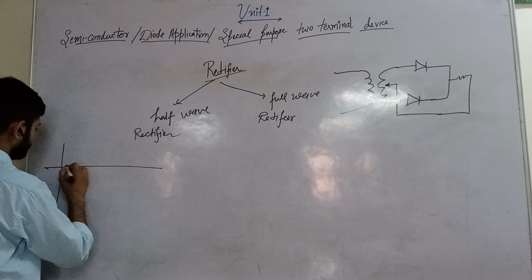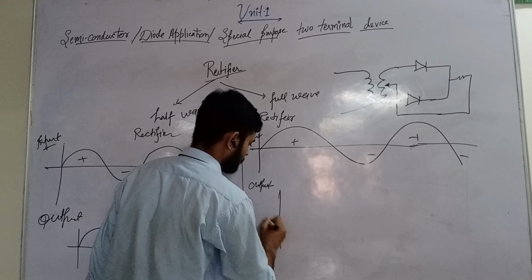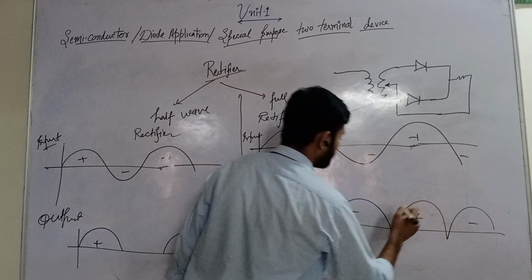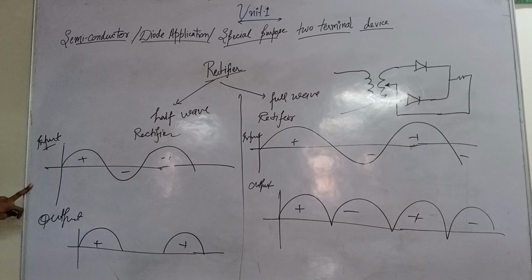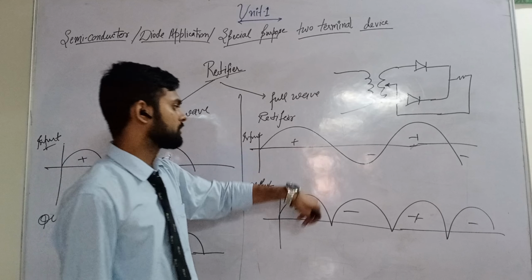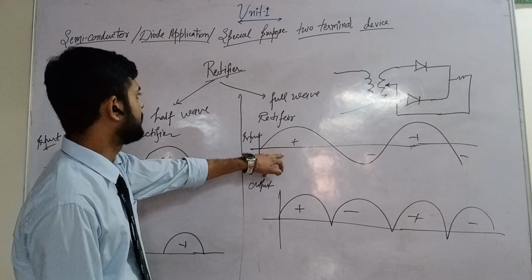But in the full wave rectifier, this is basically a sine wave, positive, negative, positive, negative input, and the output becomes positive, negative, positive, negative. This is the basic difference between the half wave rectifier and the full wave rectifier. The half wave rectifier has only one positive, and the negative is cut. But in this, positive and negative are both in the same way. So we can say this is more effective, the full wave rectifier.